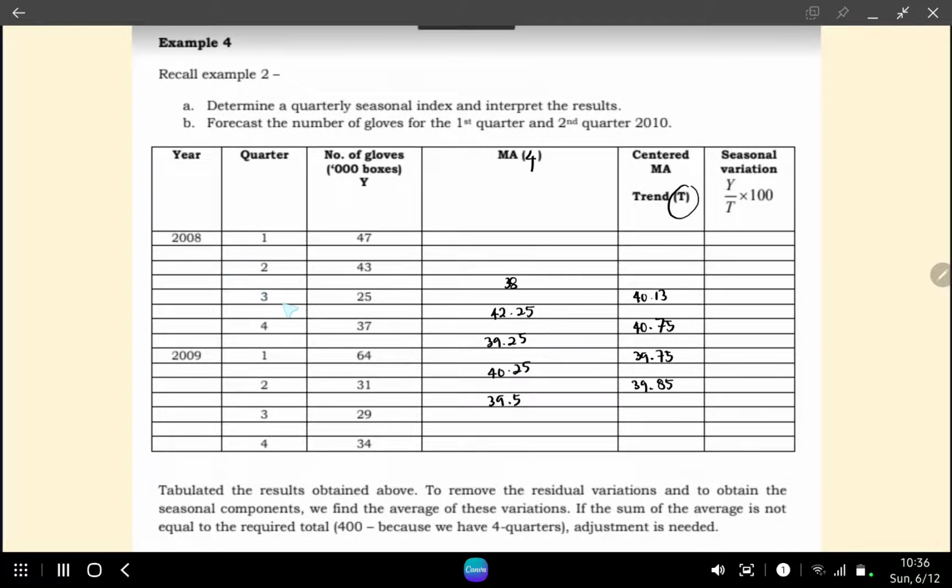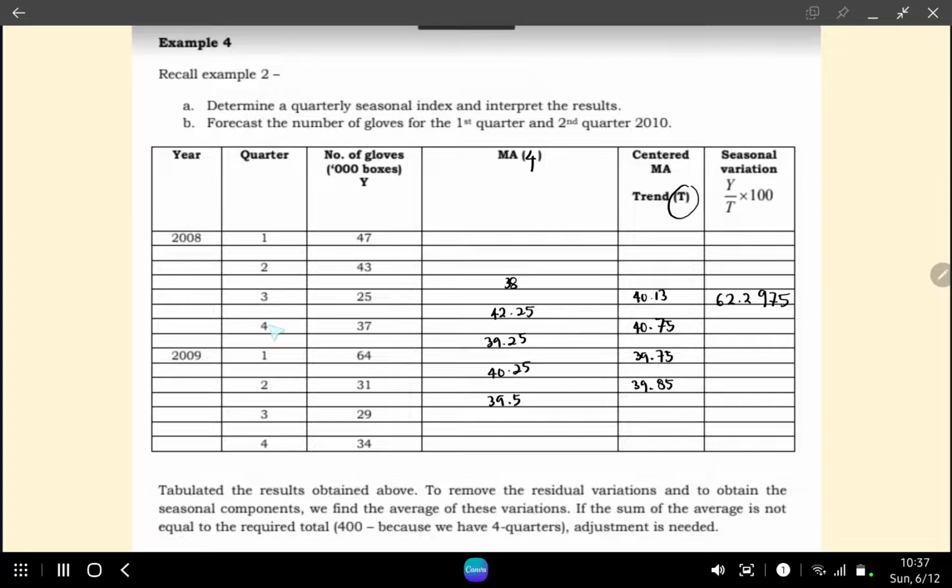The formula is Y divided by T. Here our Y is 25, divided by 40.13, and then times 100. So the answer is 62.2975.